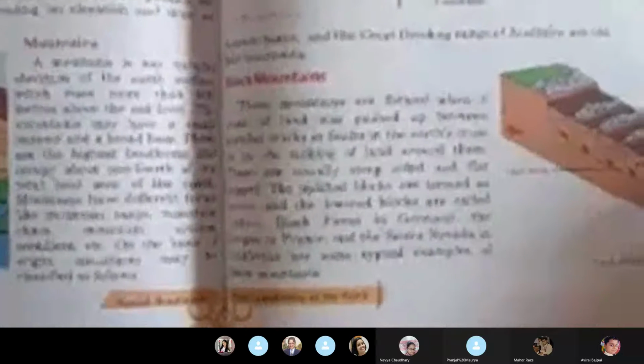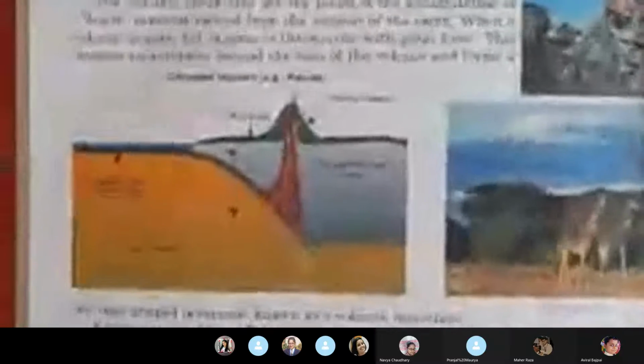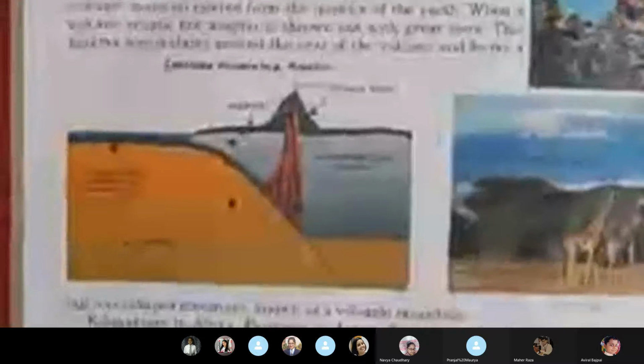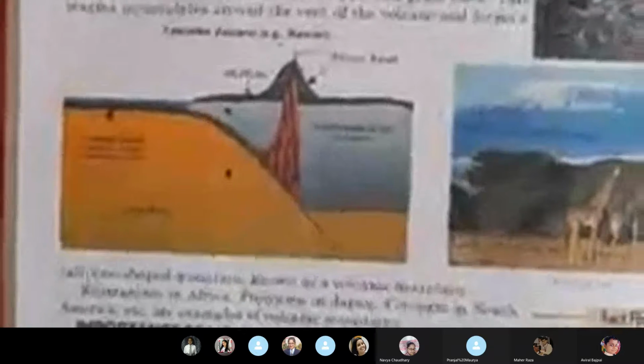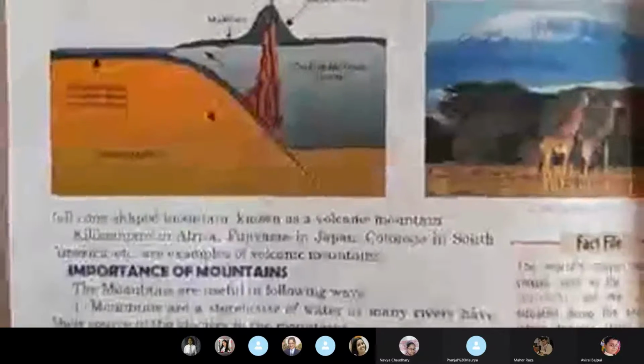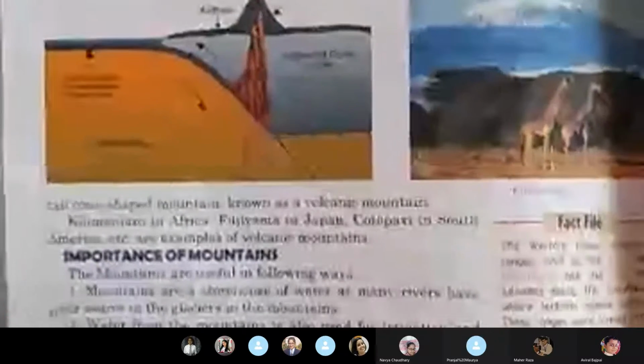When we talked of block mountains, we talked of Black Forest in Germany, the Vosges in France, the Sierra Nevada in California, etc. Then for volcanic mountains, we gave examples of Mount Kilimanjaro in Africa, Fujiyama in Japan, and Cotopaxi in South America, being some of the prominent volcanic mountains.